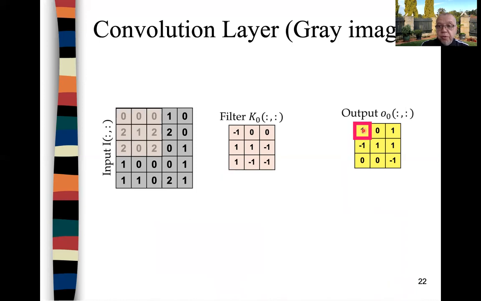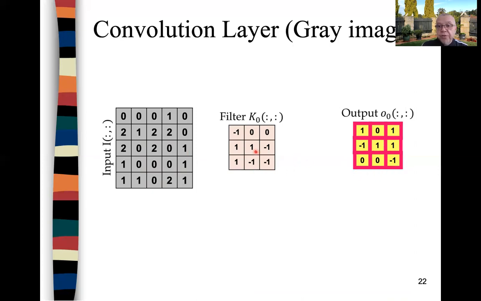Then I move my kernel to the next position and do the same operation. I move to the next position, and so on, until I've reached the last possible location of the kernel. That's it. I got the value -1 here.